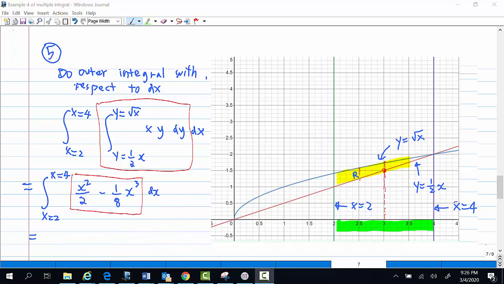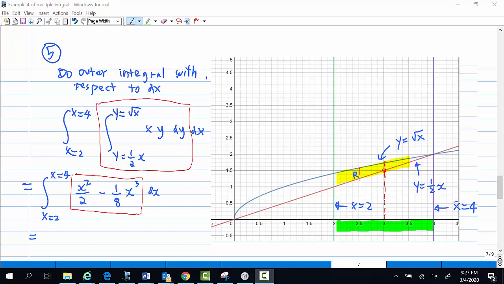Now, the fifth step is to do the outer integral with respect to dx. We find that the inner integral after simplifying is x squared over 2 minus 1 over 8 x cubed.